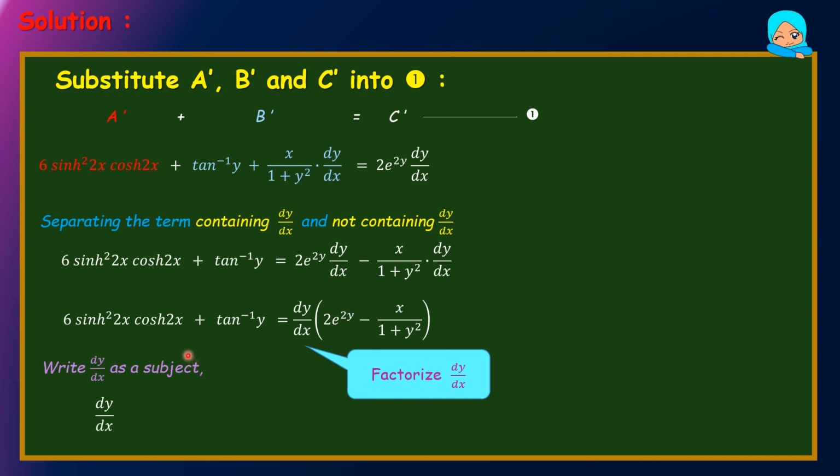So now we have dy over dx equals 6 sinh squared 2x cos 2x plus inverse tangent y, over, because from a multiplication operation when we move to the other side we have a division operation, 2e to 2y minus x over 1 plus y squared.